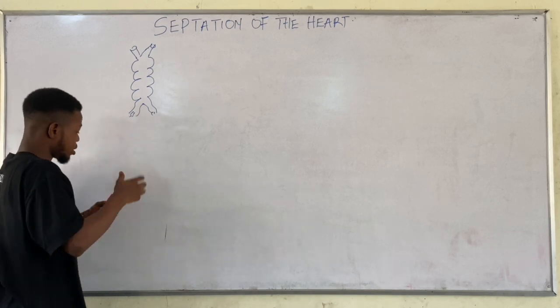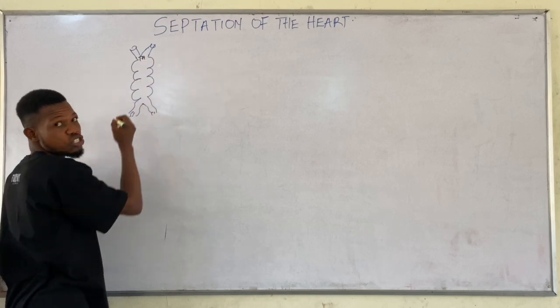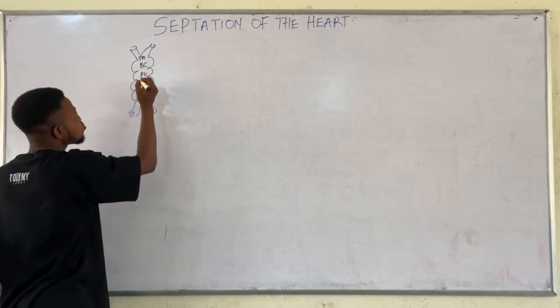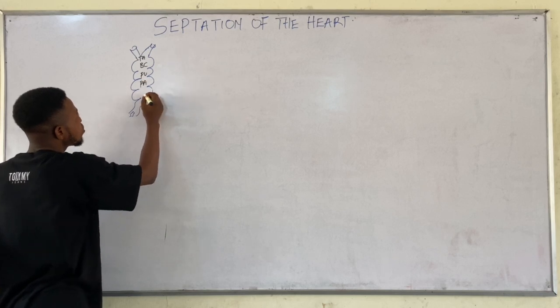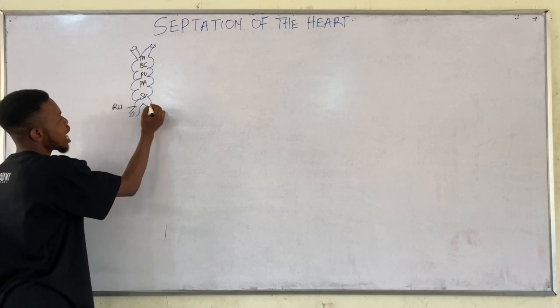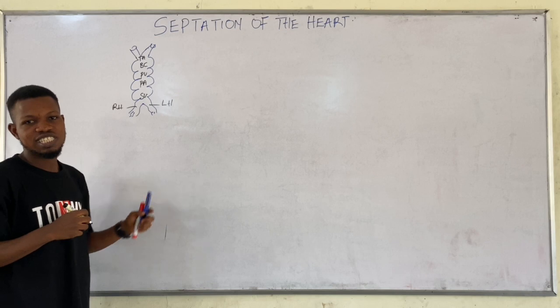This is my truncus arteriosus. This is my bulbous cordis, primitive ventricle, primitive atrium, and the sinus venosus. Then here we have the right arm and the left arm. I've explained this structure of the heart tube in detail.